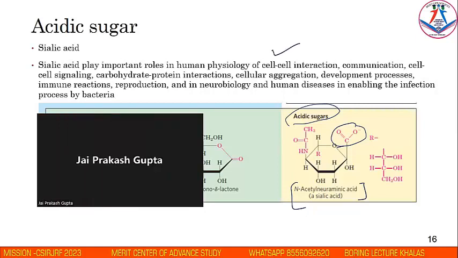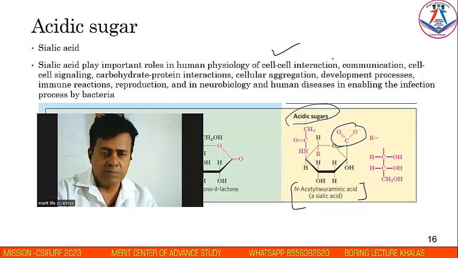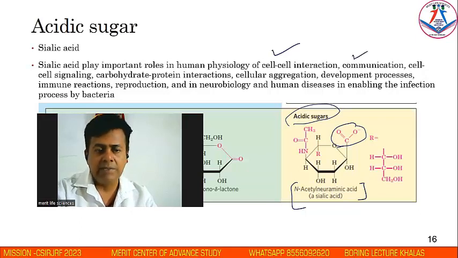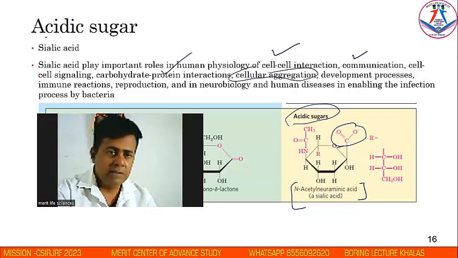If sialic acid is not present, probably the cell to cell interaction will not be there properly. Right? So for communication with different cells, cell signaling, and even carbohydrate-protein interaction and cellular aggregation, what is important?